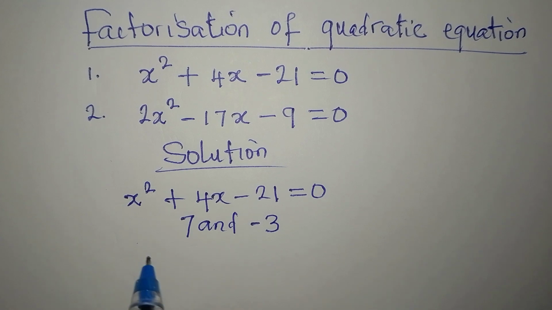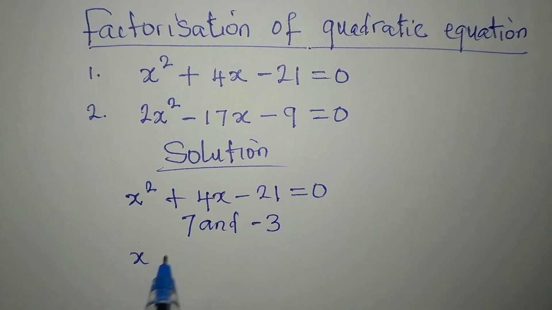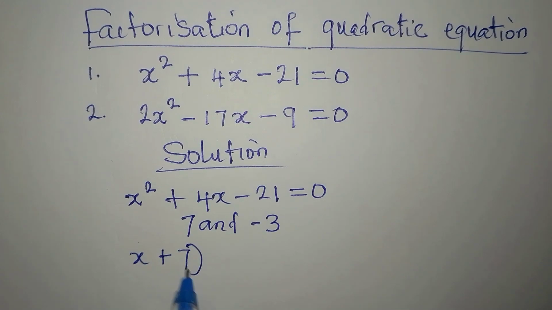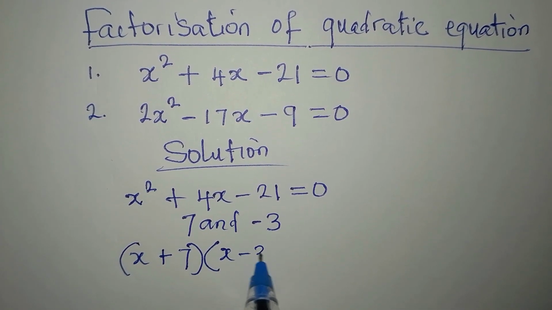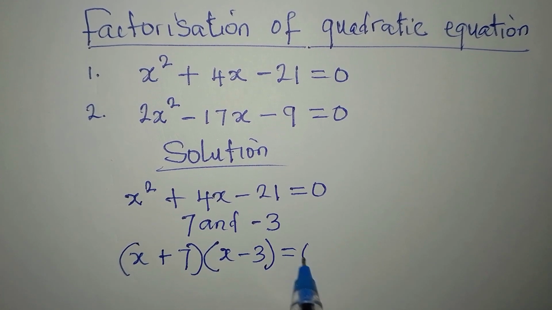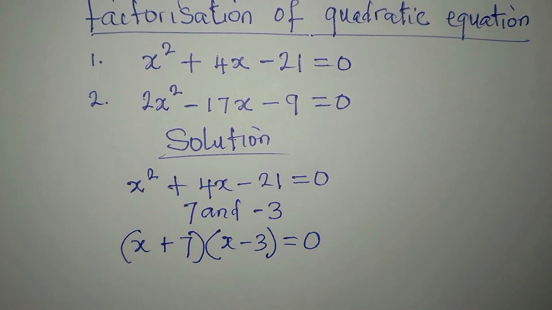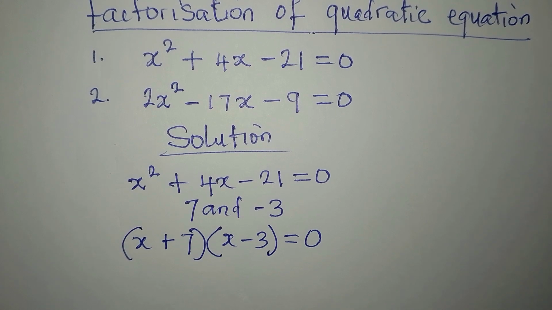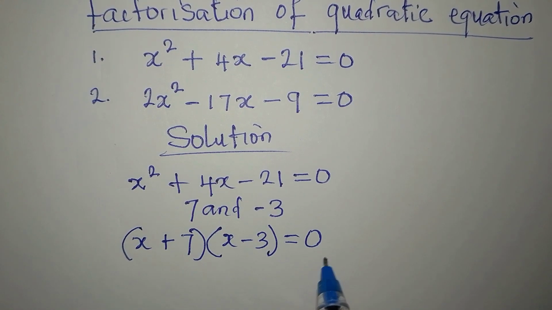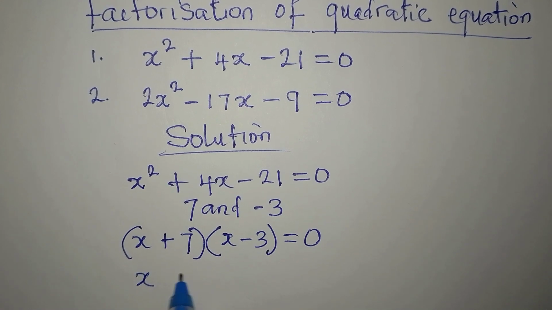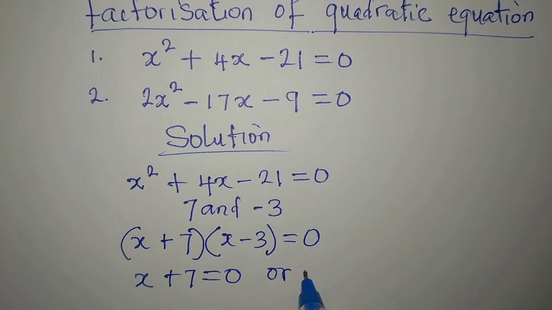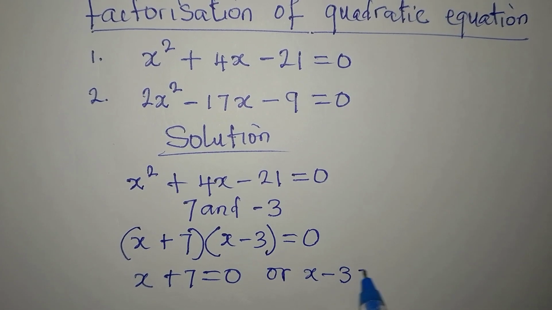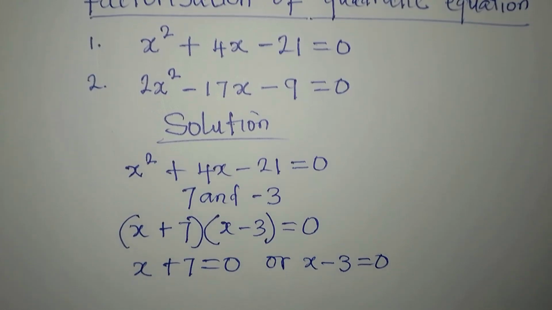So the two factors will be x plus 7 and x minus 3. Then we equate to 0. Okay? Now, to go ahead with this, we can now equate either of these to 0. So it is either x plus 7 is equal to 0, or x minus 3 is equal to 0.